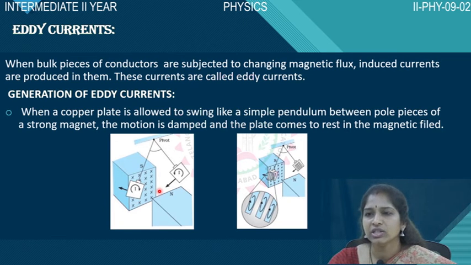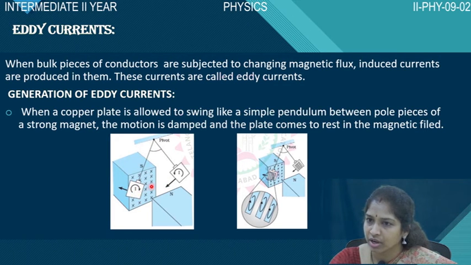When there is a change in the magnetic flux, EMF is induced, and it further produces current. You can see the current generated when this copper plate comes to this end is in the clockwise direction. When it goes to the other end, oscillating in the magnetic field, the current direction is reversed.